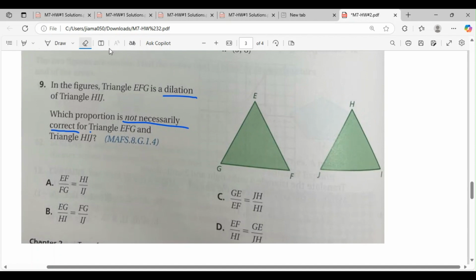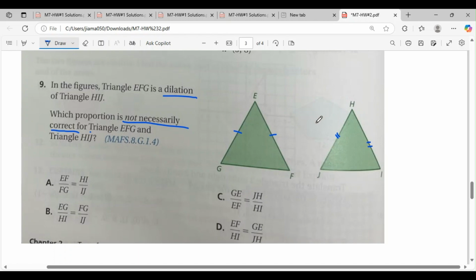Okay, so letter C, GE divided by EF. This is GE and this is EF. JH divided by HI.